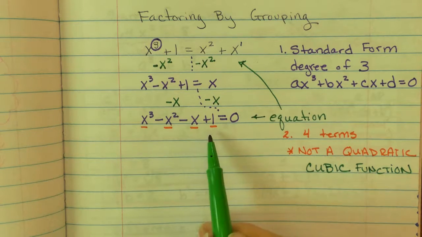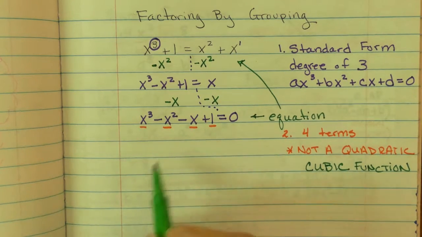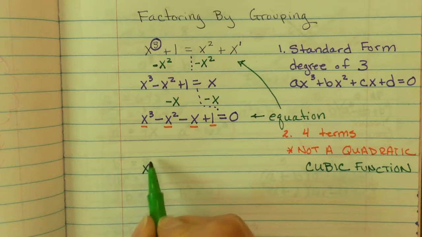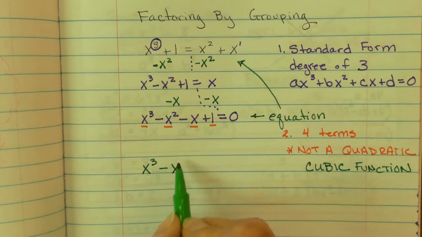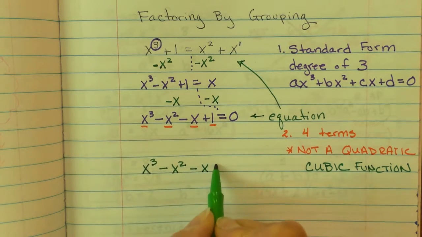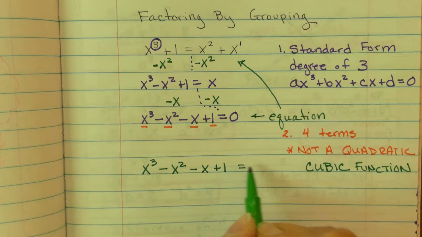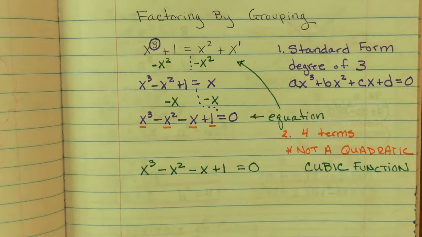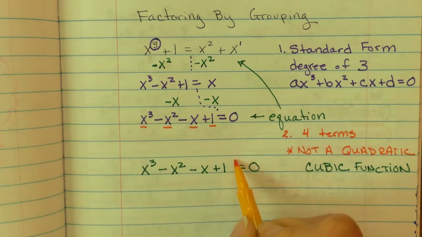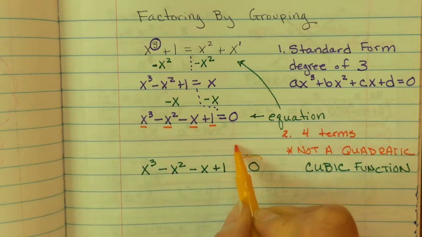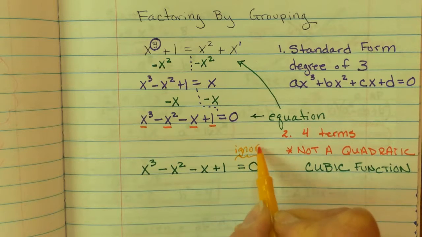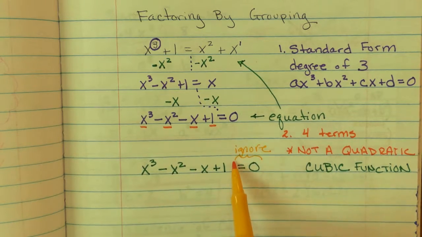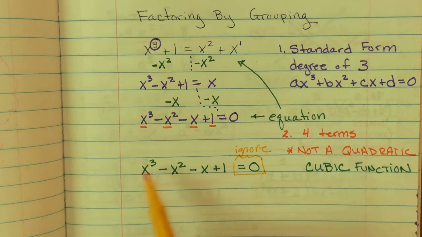It has 4 terms. Okay, so I'm going to rewrite this here: x cubed minus x squared minus x plus 1 equals 0. For the sake of factoring, I wrote it, but I'm going to ignore the equals 0 bit, and I'm only looking at my function.